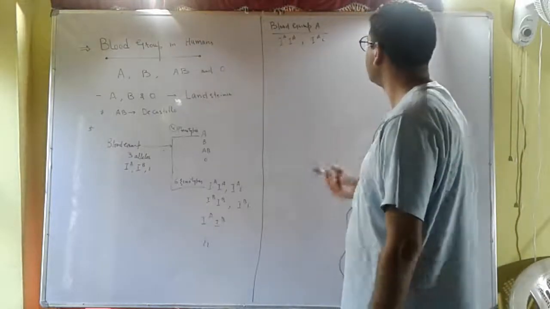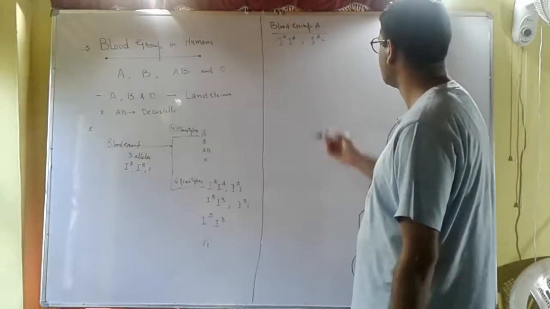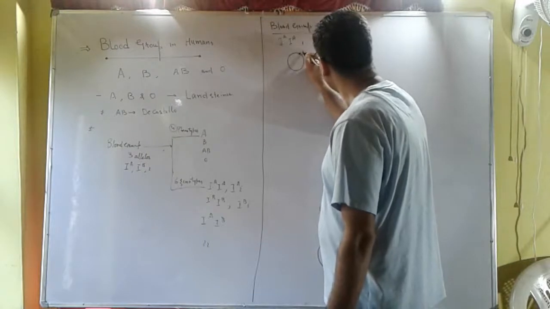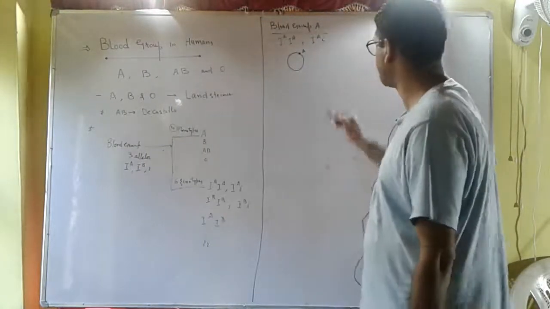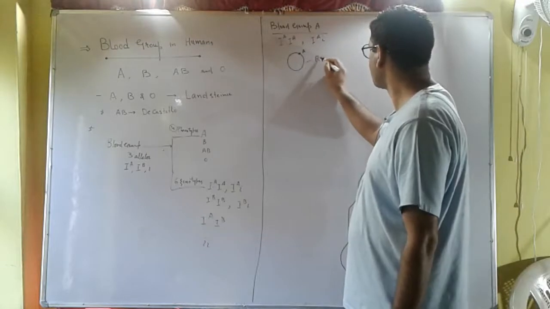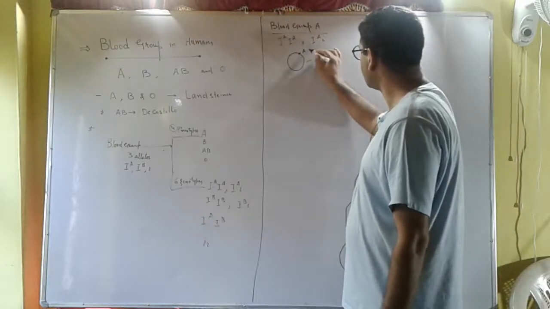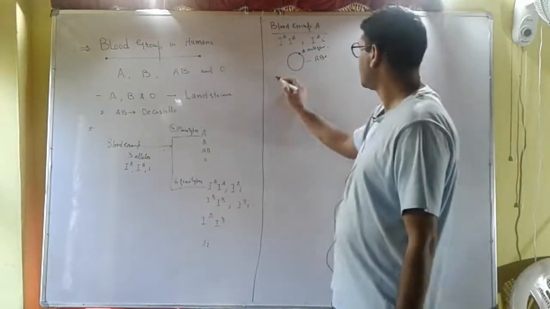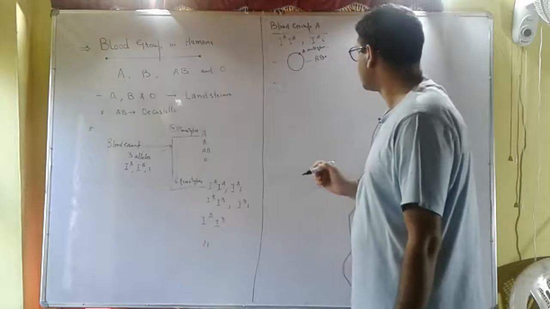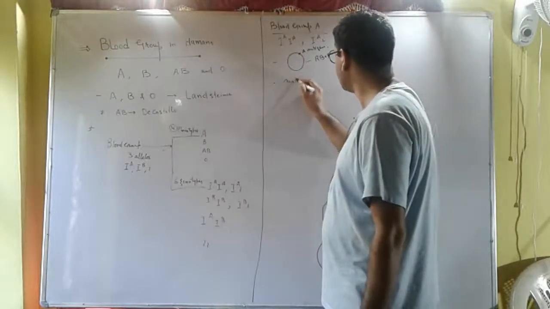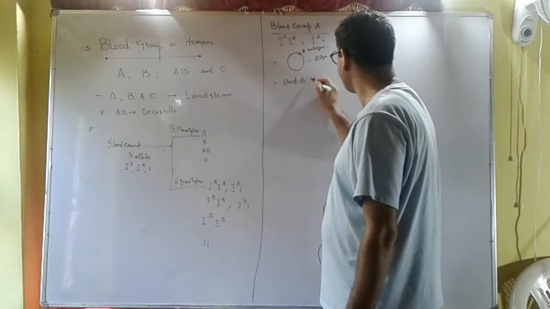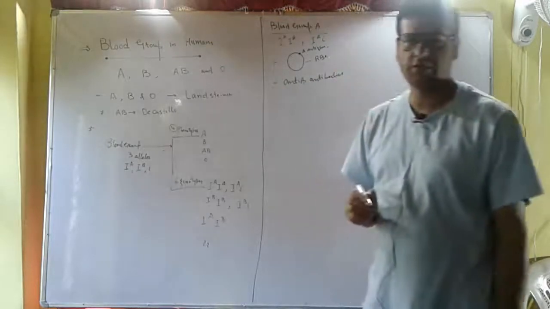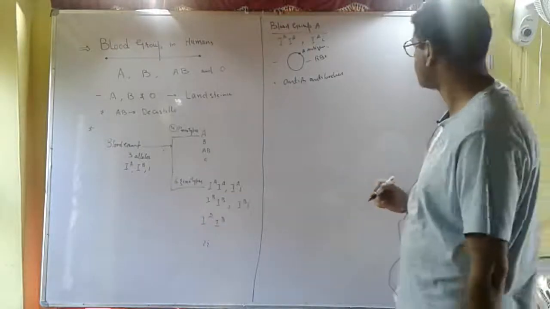The antigen present on the surface of RBCs of A blood group individuals is the A antigen, and they have anti-B antibodies present in their blood plasma.